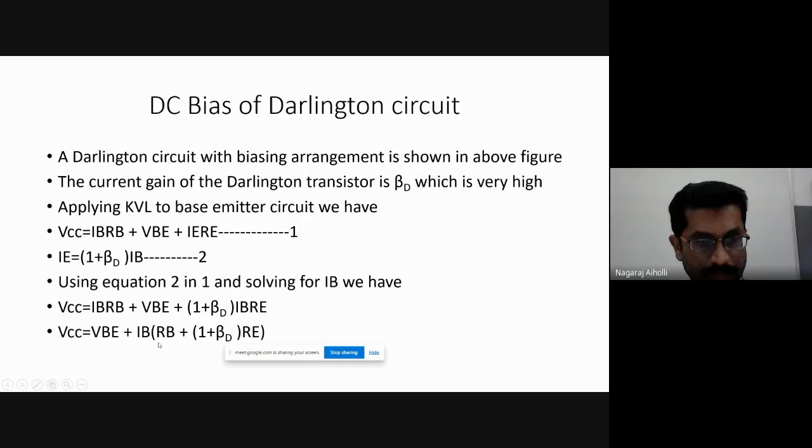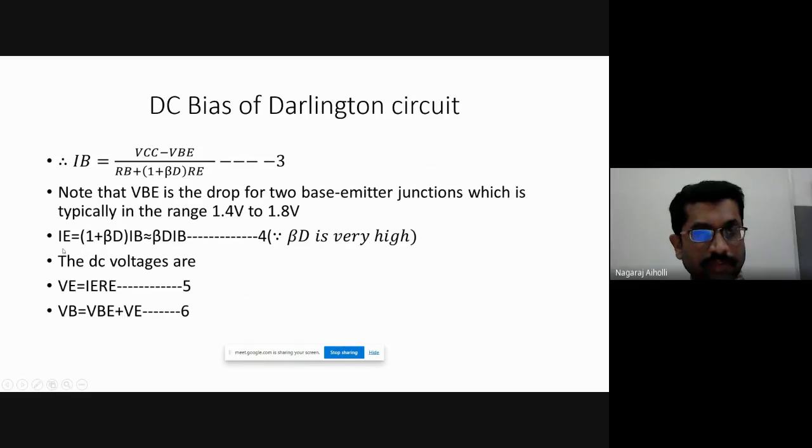Then rearrange for IB: take VBE to the LHS. We get IB is equal to VCC minus VBE, divided by RB plus 1 plus beta D into RE.